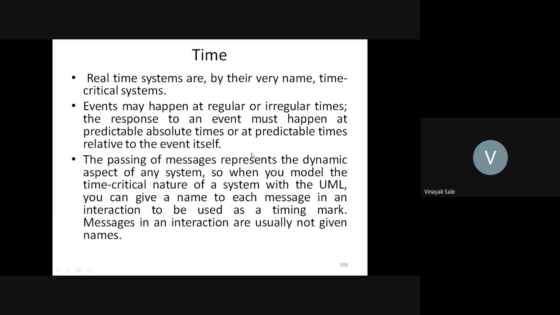The passing of a message represents the dynamic aspects of a system. So when you model the time-critical nature of a system with the UML, you can give a name to each message in an interaction to be used as a timing mark. Messages in an interaction are usually not given names.